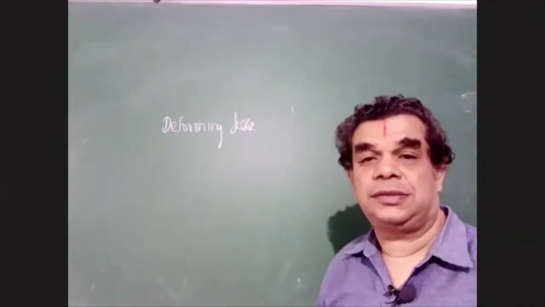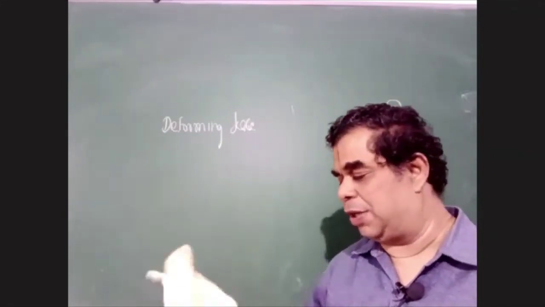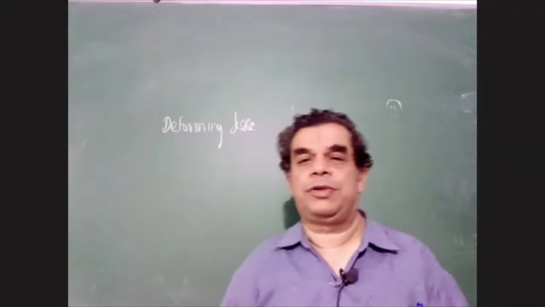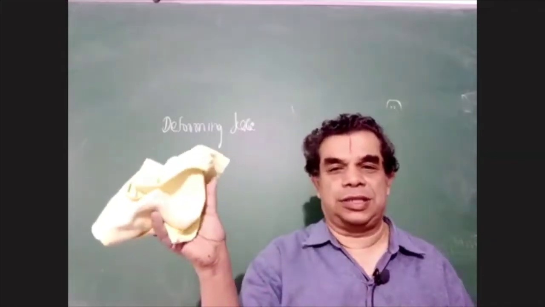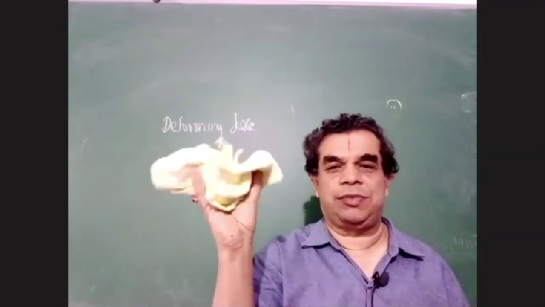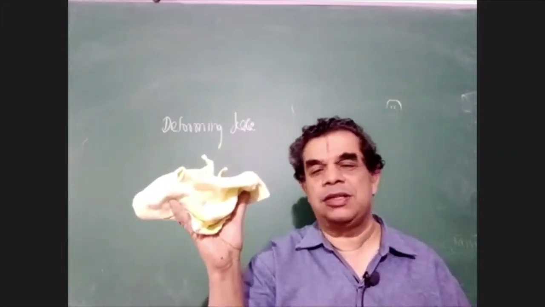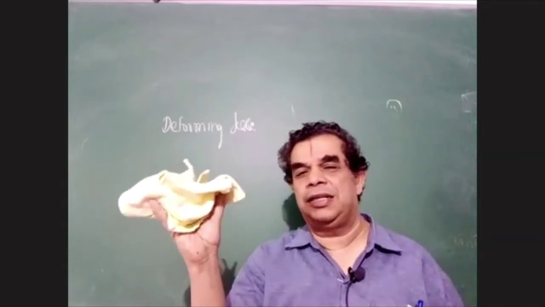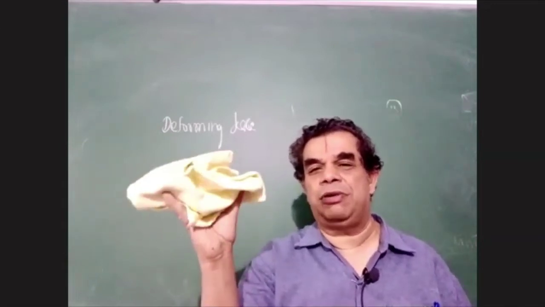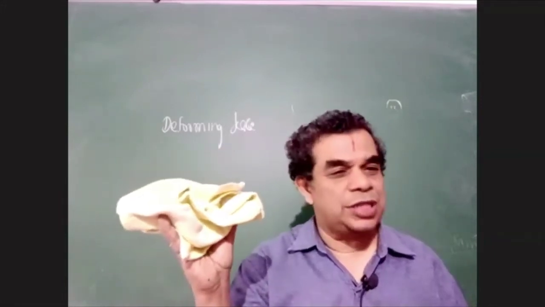After this, observe. Again, our dusting cloth will come to our help to learn the physics. If I press it, it changes shape. If I leave it, it comes back to normal shape. So that property which tries to bring it back to normal shape once the deforming force is removed.